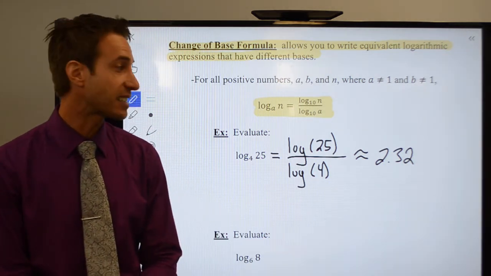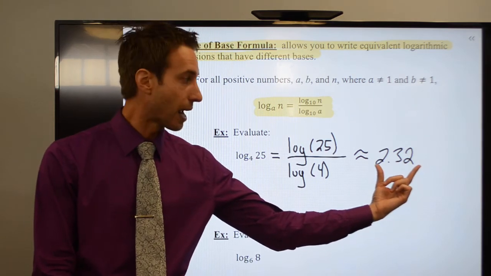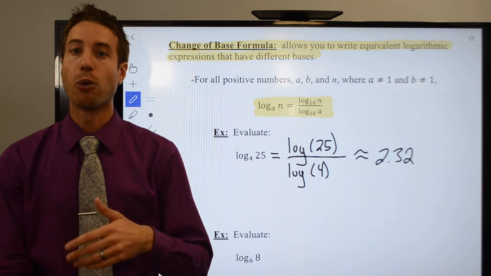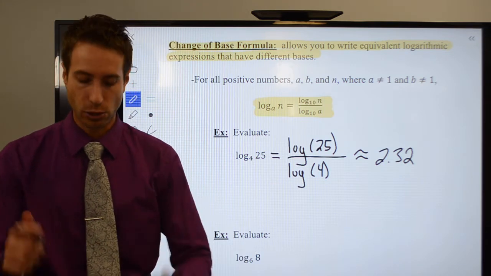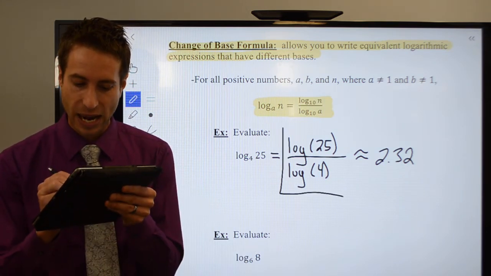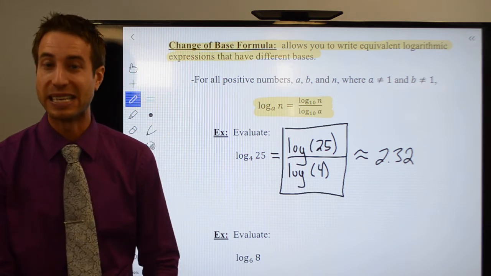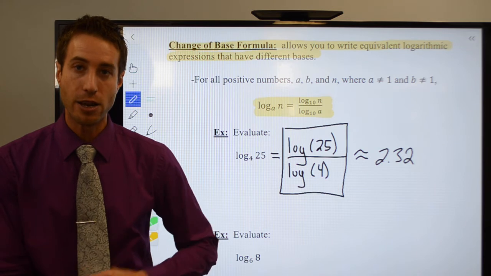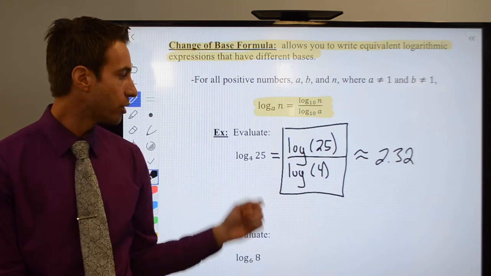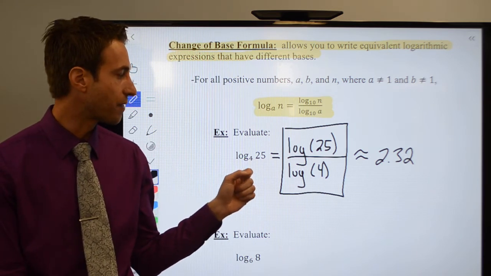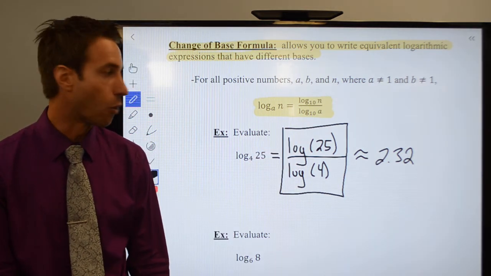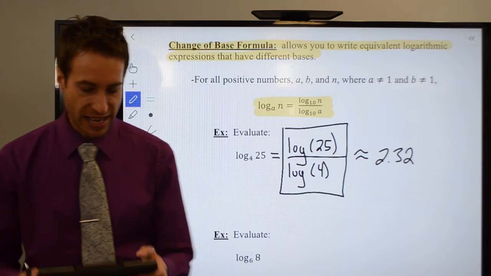So instead of asking you to evaluate, I'm not looking for the decimal, I'm actually looking for how you would rewrite this using the change of base, where this guy right here is going to be the answer that I'm looking for. So all of you will need to know the change of base formula, where you simply take log base 4 of 25 and convert it to common log of 25 divided by the common log of 4.